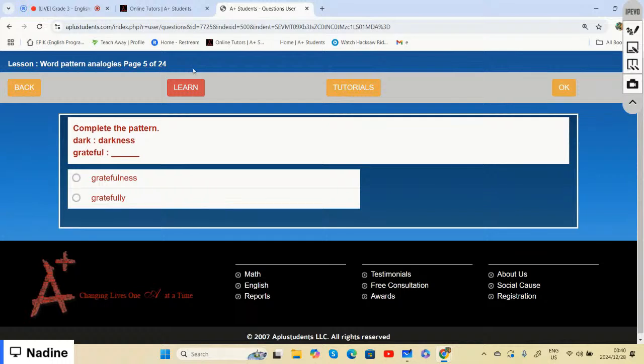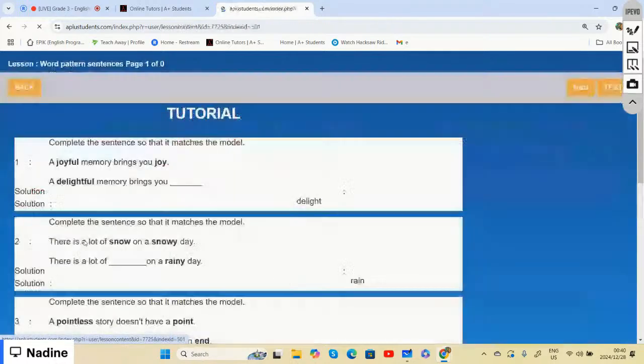All right, if we were to choose the correct option, then yes, gratefulness. We followed the pattern of ness. Well done.